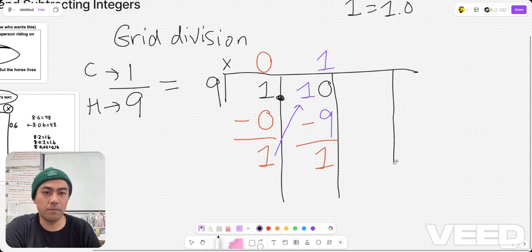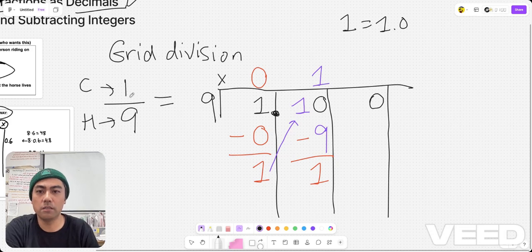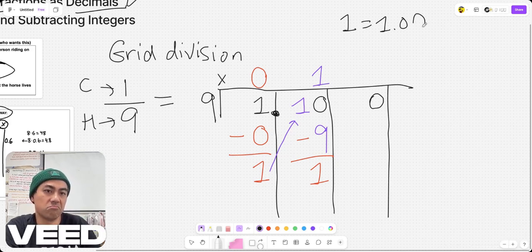I'll add another column and I'll add a 0 because 1 is the same thing as 1.00. Okay, we can keep adding zeros all the time because we didn't change the problem when we do that. Okay, now again, take your remainder, move it on here.